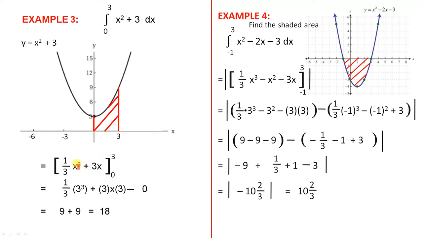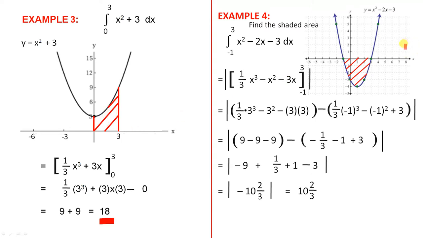We'll substitute 3 in, that gives us a third of 3 cubed plus 3 times 3 minus 0. Of course, when we substitute 0 in there, we just get 0. 3 cubed is 27. A third of 27 is 9. 3 3s are 9. 9 plus 9 is 18. So 18 is the area there, the shaded area.